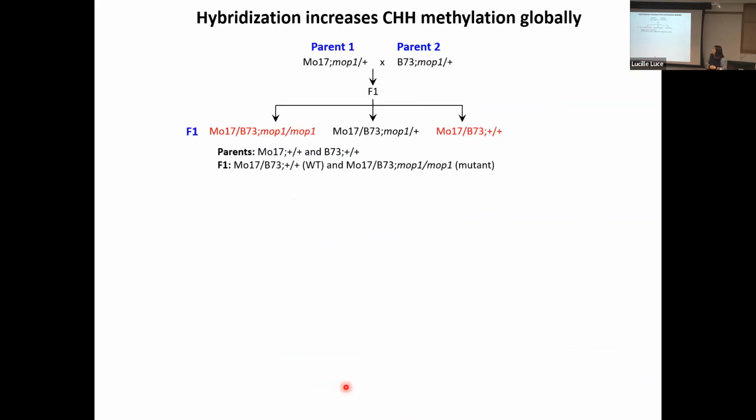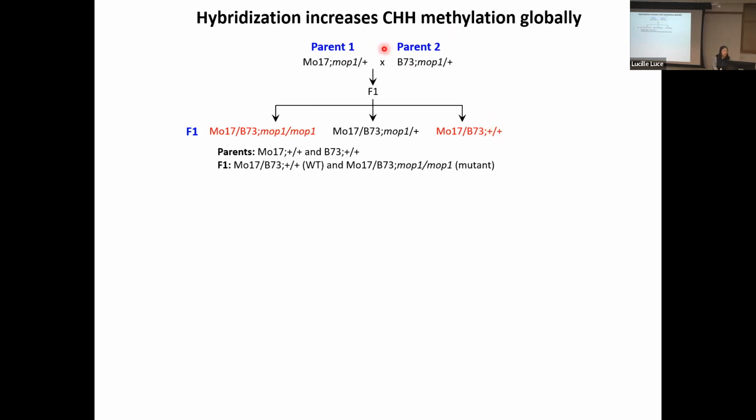In order to do this, I crossed the heterozygous MOP1 mutant in the Mo17 background with the heterozygous MOP1 in the B73 background. Then you can create a hybrid. This is a mutant hybrid, and this is a wild type hybrid. So then you can combine the mutant effects and the hybrid.